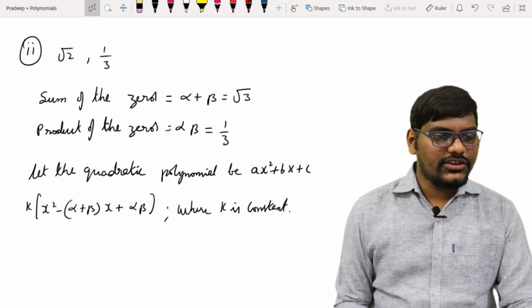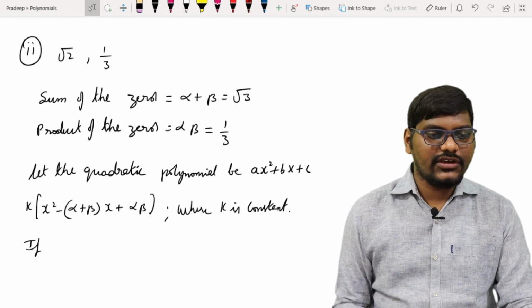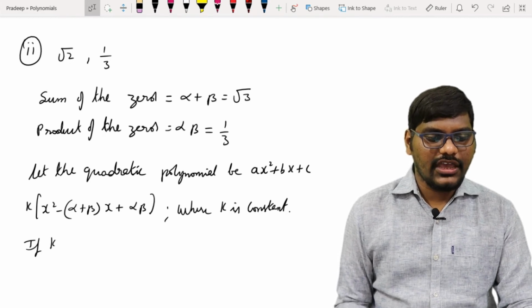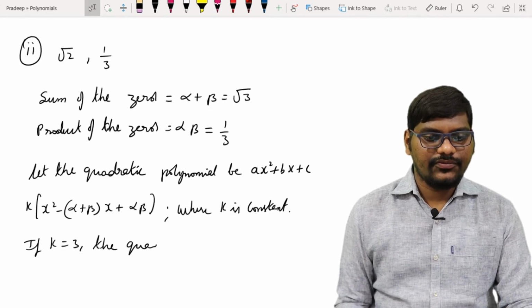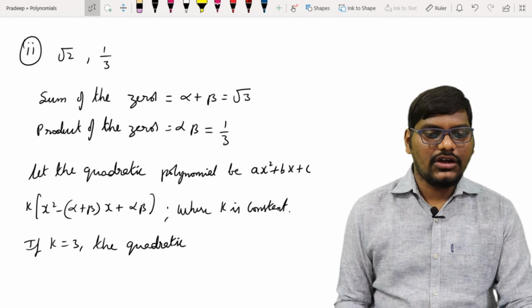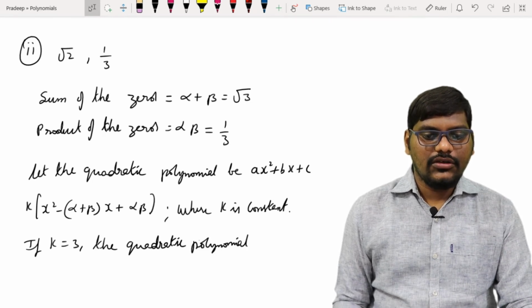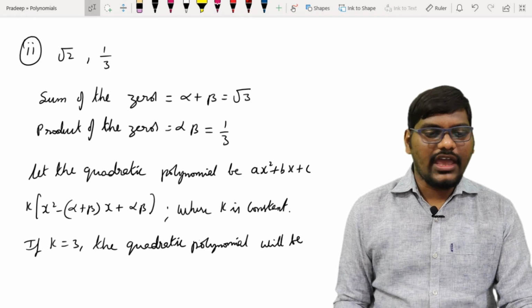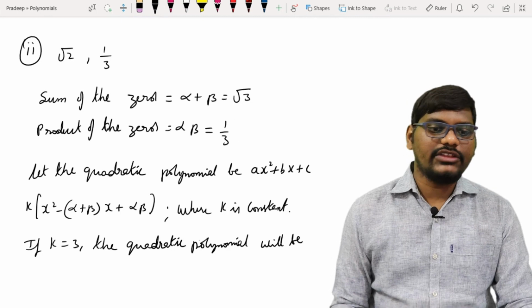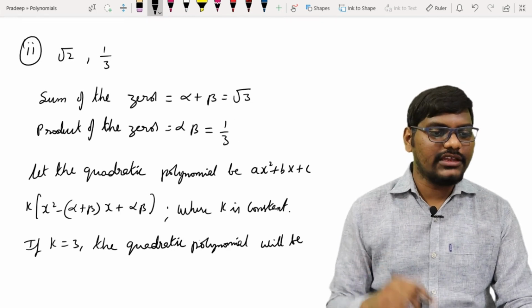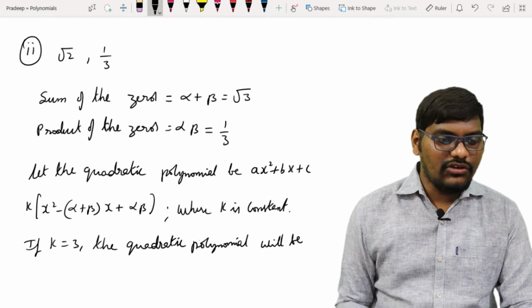Okay, so I'm just taking k as 3, so I can write if k is equal to 3, the quadratic equation or the quadratic polynomial will be. Why I've taken k as 3 is because the product is 1 by 3, as the denominator 3 will be cancelled if I take the k value as 3; you will understand here.